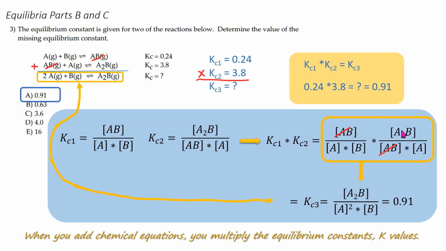A2B is on the top. We've got A times A, so that's A squared, and we've got B, so it reduces down to this. And if we look at writing the equilibrium constant expression from just the reaction, it's A2B over B times A squared. So when I put this in my calculator, when I multiply these two K's together, I get the 0.91. So this 0.91 is the combination of those two reactions.